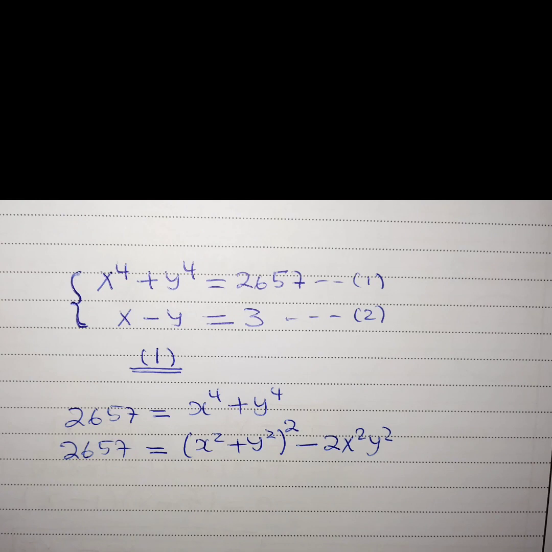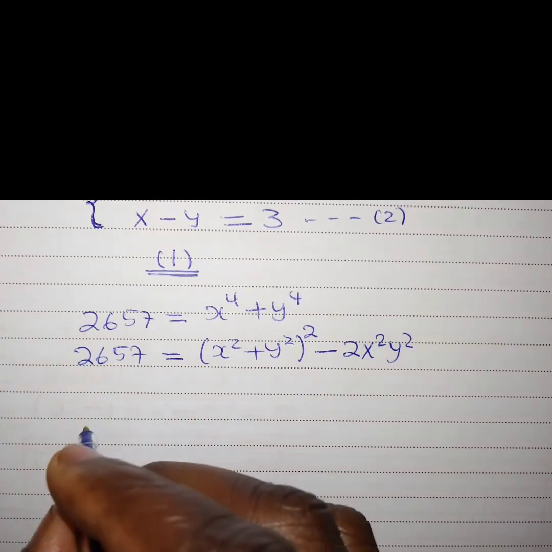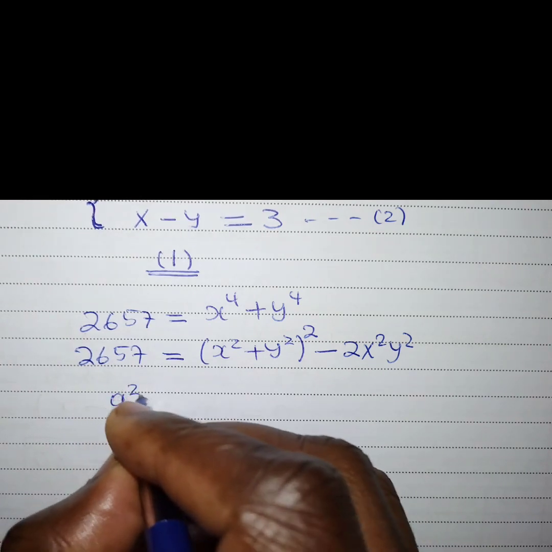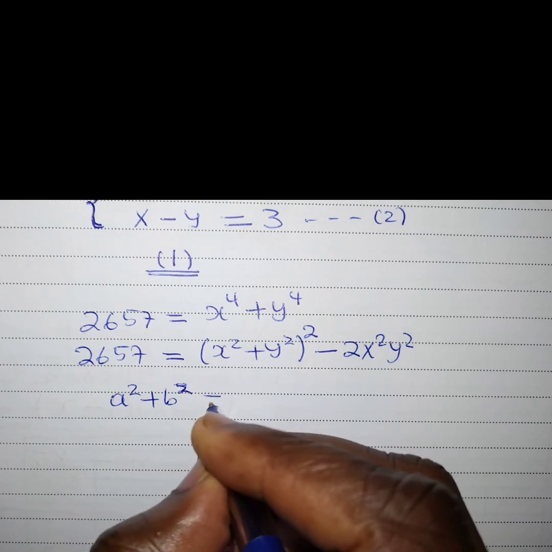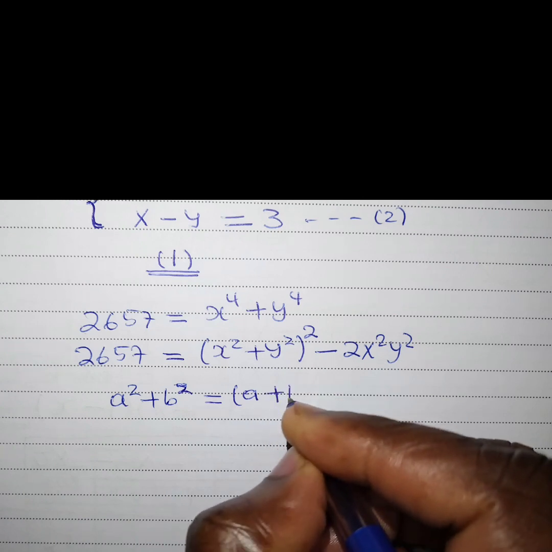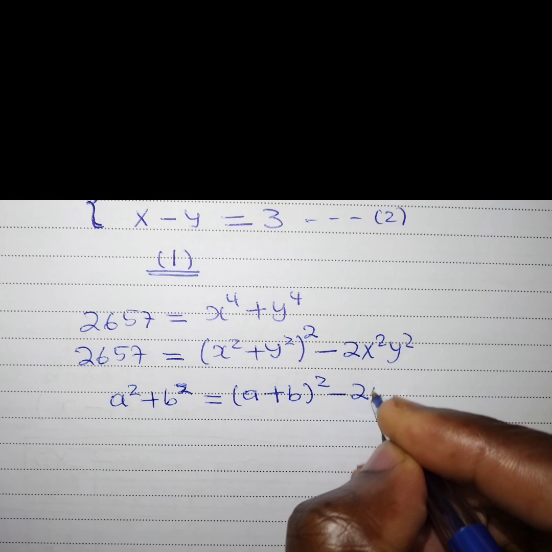And this is because of this fact: when you have a squared plus b squared, this can be written as a plus b raised to the power 2 minus 2ab.